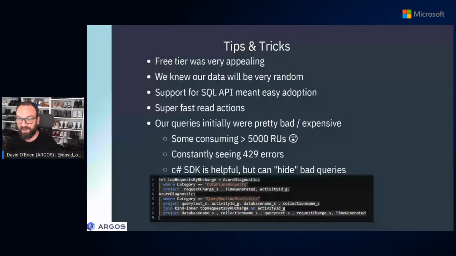However, on the flip side, our queries initially were really bad and expensive. Some of these queries consumed way over 5,000 request units. And initially, we didn't fully understand why. We were constantly seeing 429 throttling errors, where Cosmos DB said, you don't have enough request units available. And because we also decided maybe we shouldn't scale beyond this number of request units because it would be too expensive, we were constantly hitting these HTTP 429 errors.